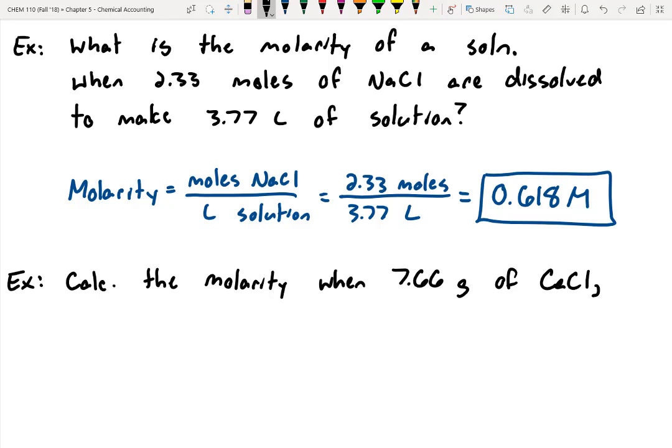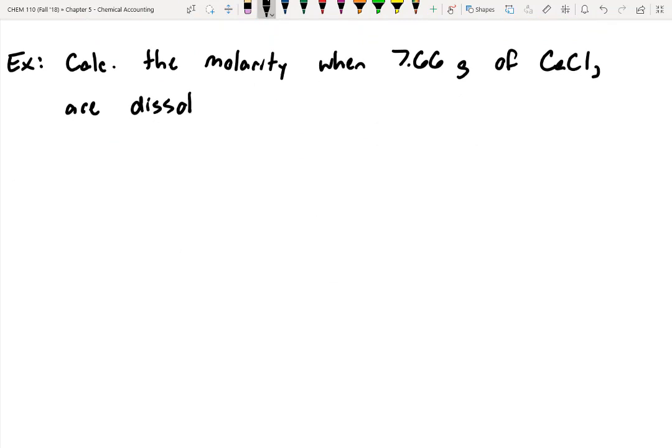It's not a transition metal, so we don't need a Roman numeral, but it is ionic, so we do need to omit prefixes. So it's calcium chloride, so we've got 7.66 grams. And they're dissolved to make 345 milliliters of solution. So I'll give you some time to work on this, but you might need to do some unit conversions as well.